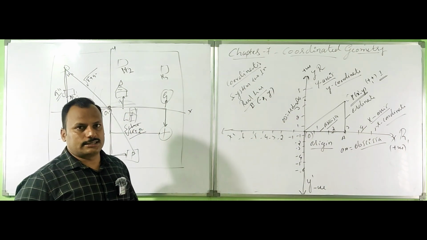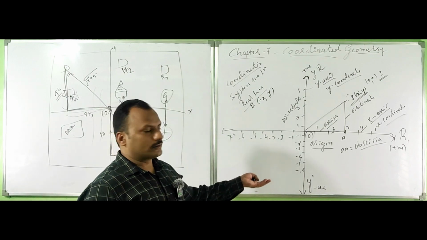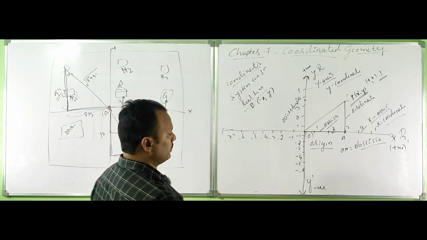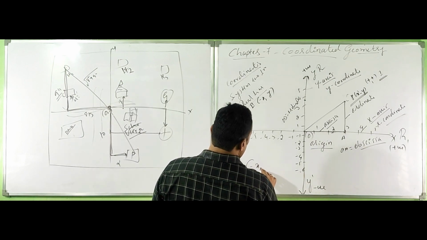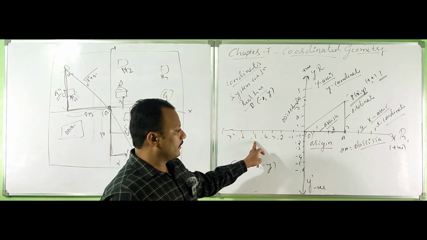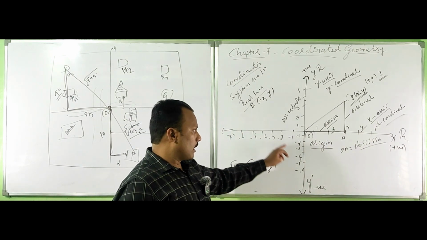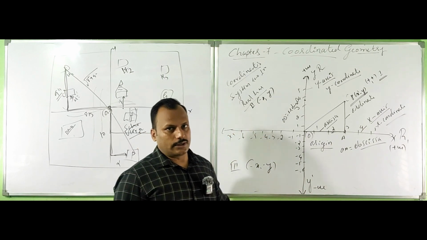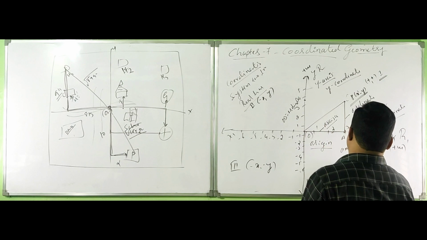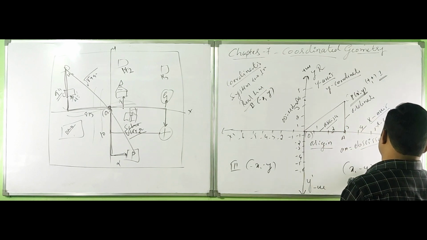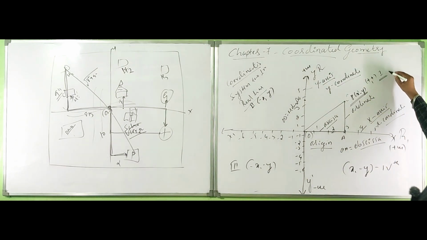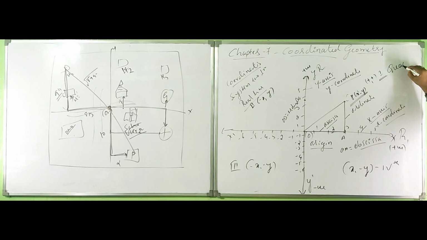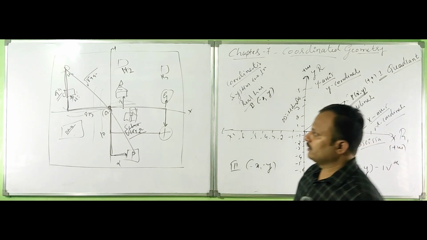In the third quadrant, both x and y are negative; you can take, for example, -5, -3, -6. In all of these you get only negative values. Similarly, in the fourth quadrant, x is positive and y is negative. It is called the fourth quadrant.